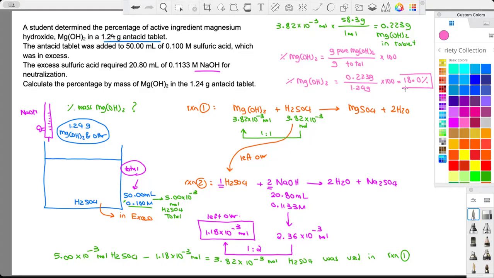Then from the leftover and the original amount of H2SO4, you can figure out how many moles of H2SO4 were actually used in the first reaction. And that way you can find anything you want, like the percentage purity, the molecular formula or empirical formula or whatever they're asking for the first substance, which is MgOH2. In this case, we're finding the percentage purity of MgOH2.